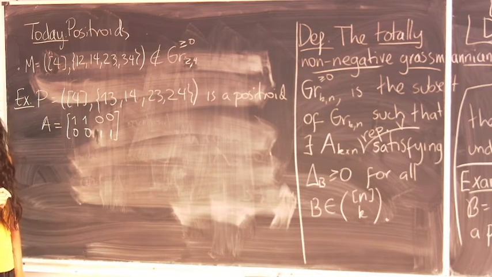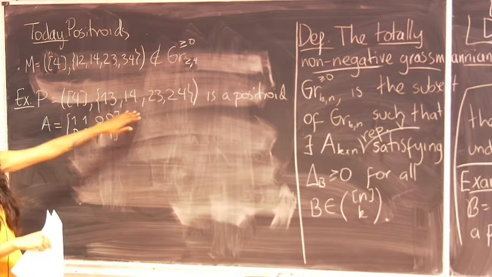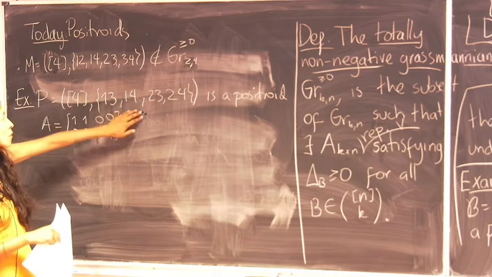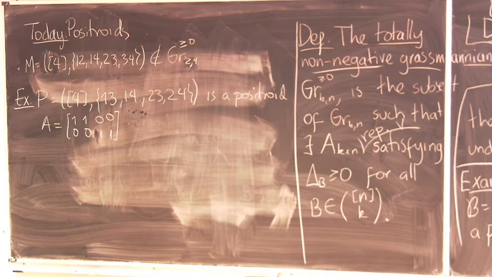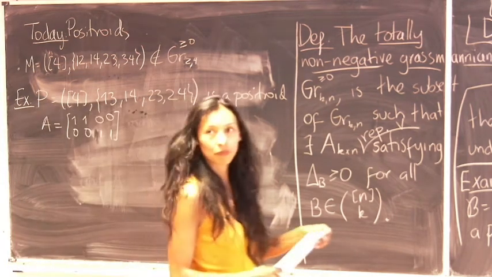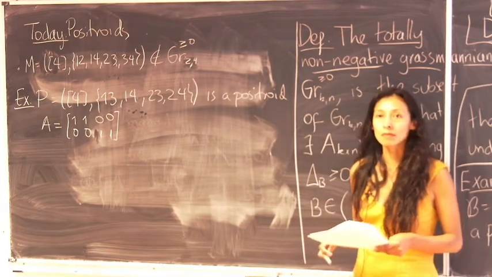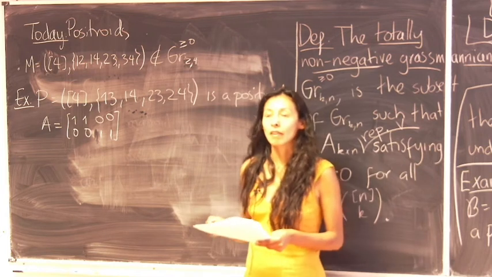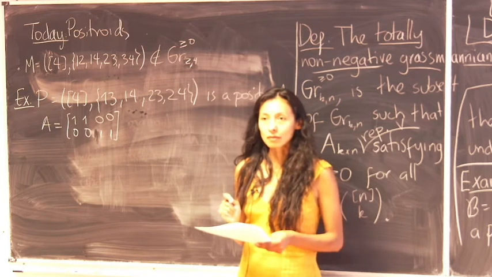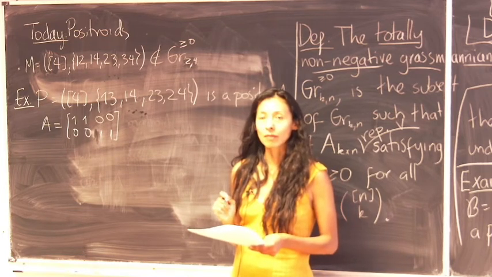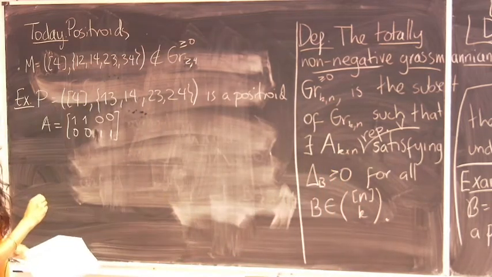And I want to ask you if you see any relationship between this positroid or this matrix and this matrix. What kind of relationships can you see, if any? Anything that comes to your mind? I'm going to give you one, and then you can tell me if you see any other.